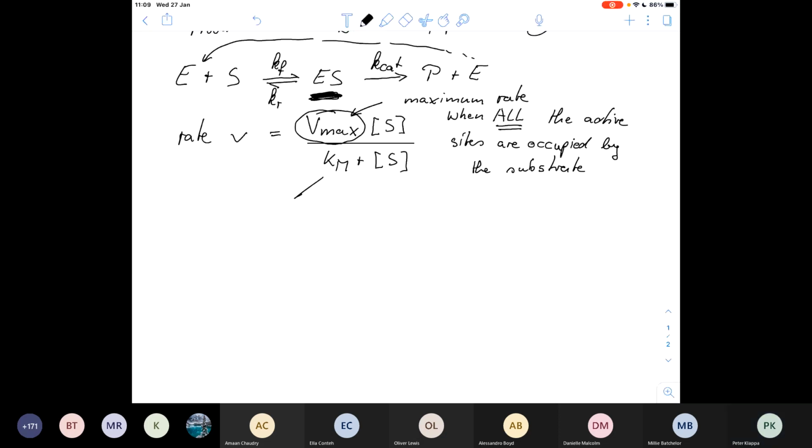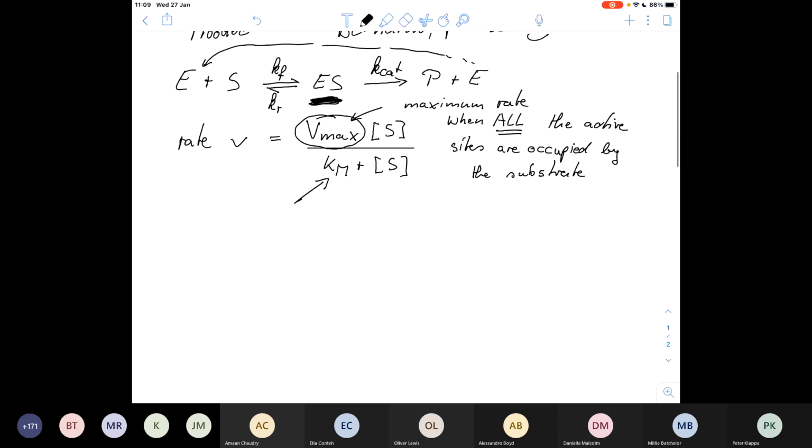Km, we said this is a sort of a constant. And this is composed of, or it comprises the rate constants, the forward rate constant, the reverse rate constant, and the K-cut rate constant.